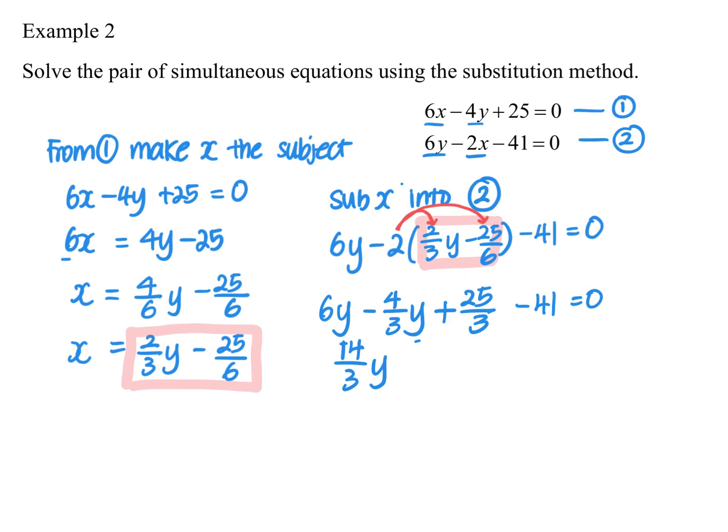That will be 25 over 3 minus 41. Oh, a rather big number. And that gives me an improper fraction, negative 98 over 3, to be equals to 0.